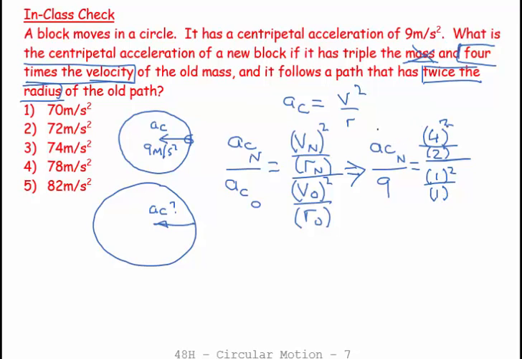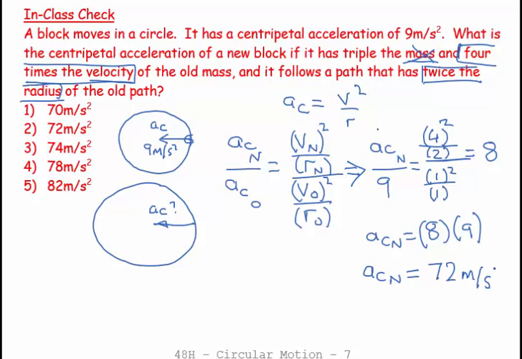So I have 4 squared is 16, divided by 2 is 8. So then I say, okay, AC new divided by 9 is 8, so AC new is going to equal 8 times 9, which is 72 meters per second squared.